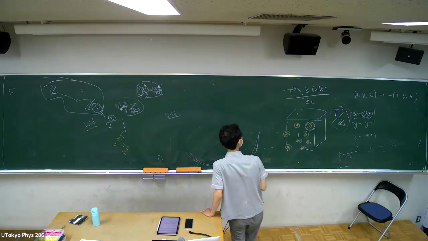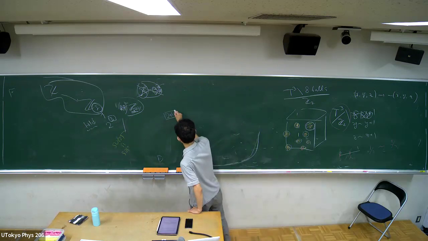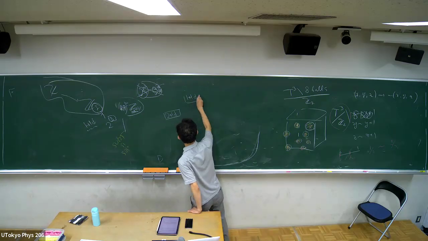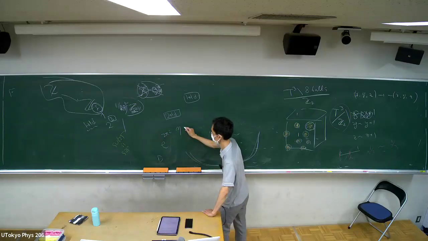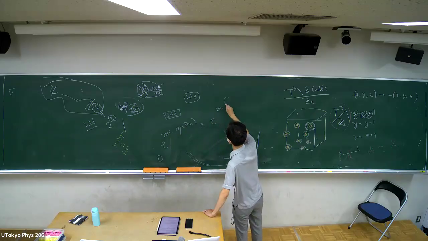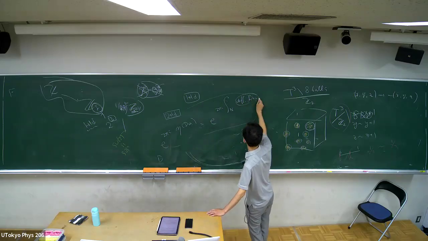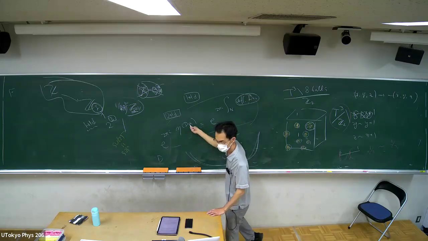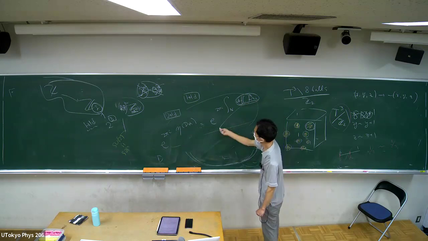Right. So if this kind of argument is applicable, how do you see the difference between 1 plus 1D and 2 plus 1D? It is that in the APS index theorem, in the exponentiated form, we have this relation. And here, when this is even dimensional, this is odd dimensional, and the differential form is even dimensional, this was 1.